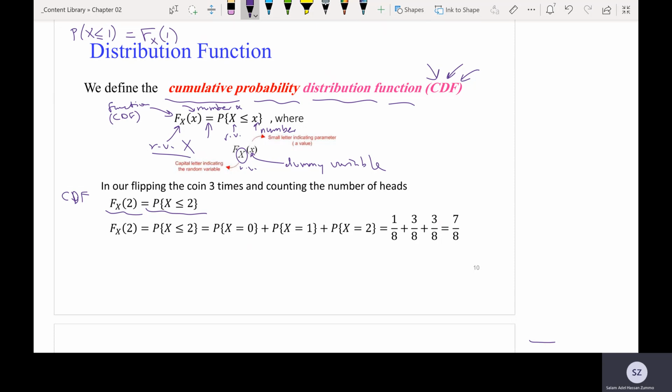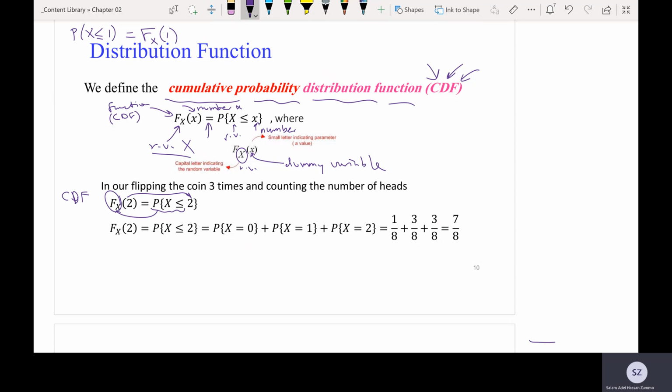It's the probability that X is less than or equal to what? The less than or equal part comes from the fact that it's Fx, a CDF. And 2 because this is the number 2. So Fx of 2 is the probability that X is less than or equal to the number 2. Fx of 5 is the probability that X is less than or equal to 5.